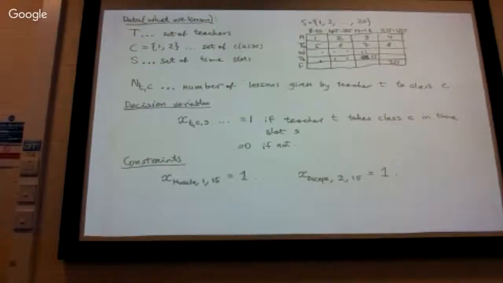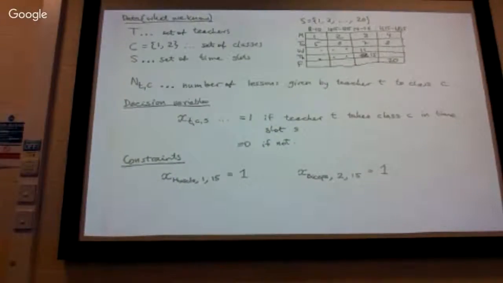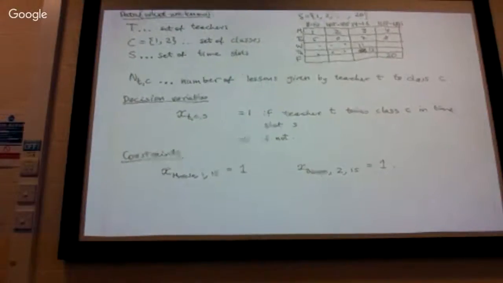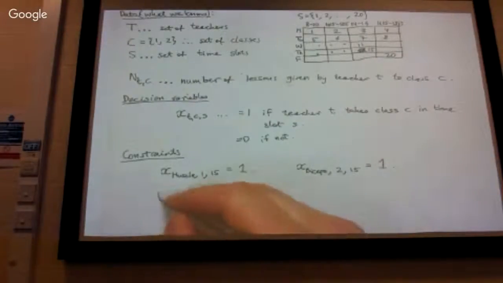So the next one says that the first time slot on Monday morning, you cannot schedule anything. Well, it might have been a smarter way of dealing with it by not even defining time slot 1, but now I've defined it, so I have to give a constraint.